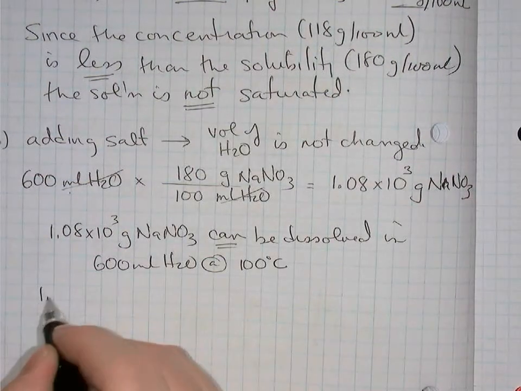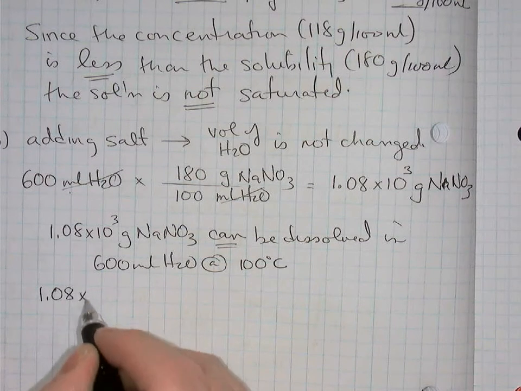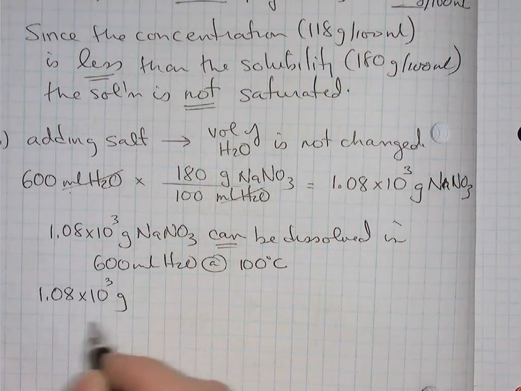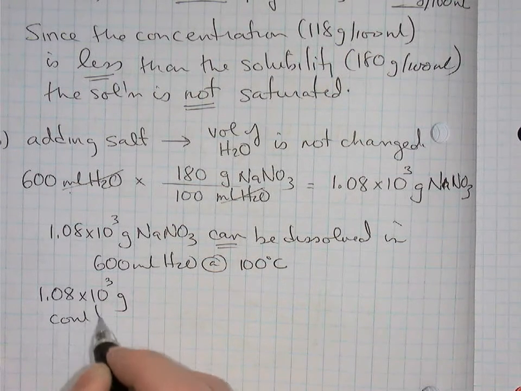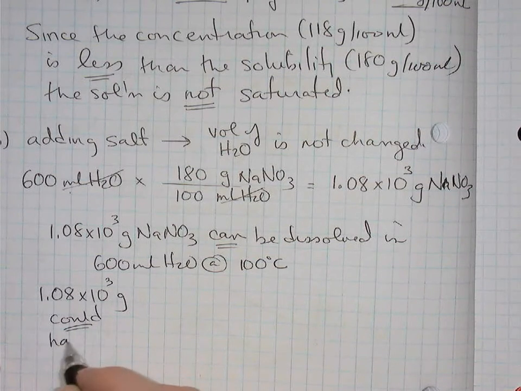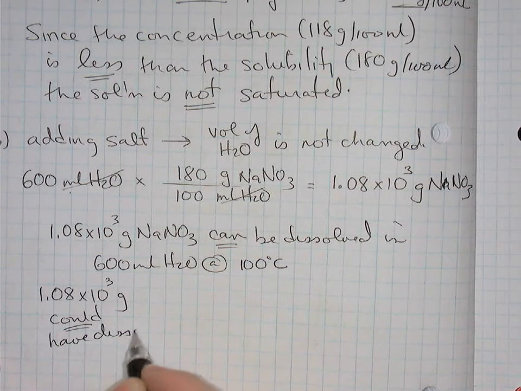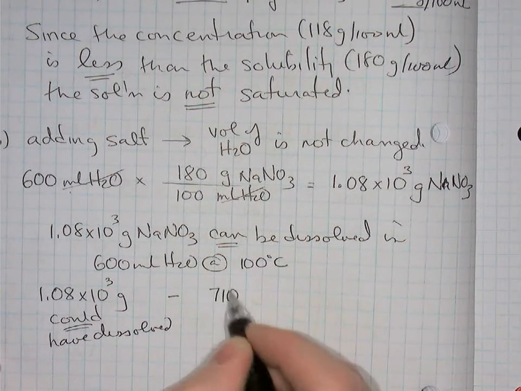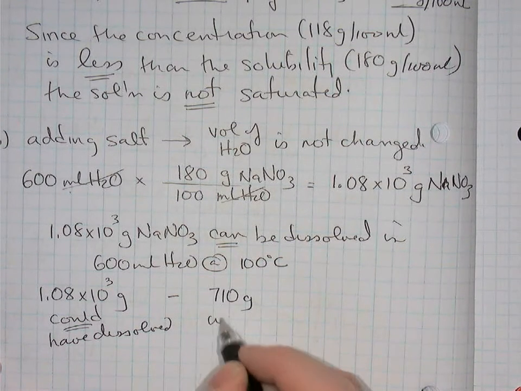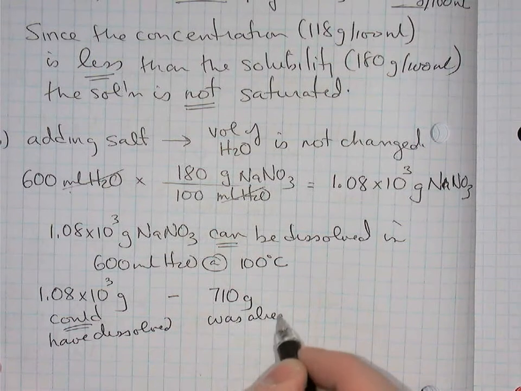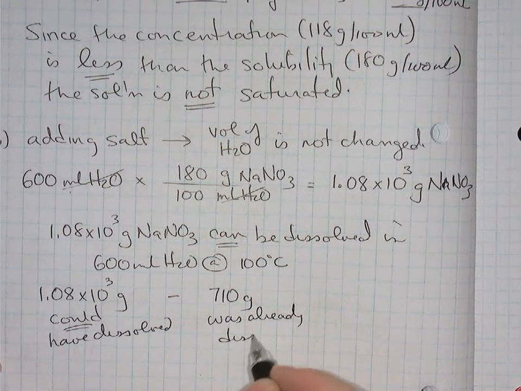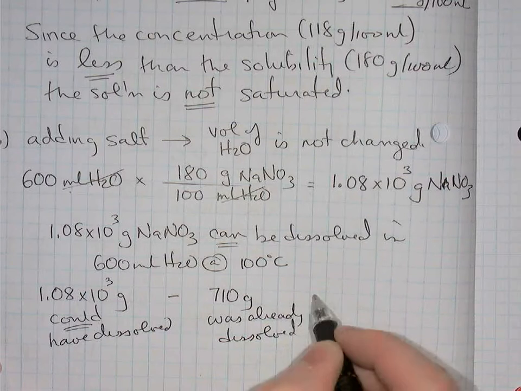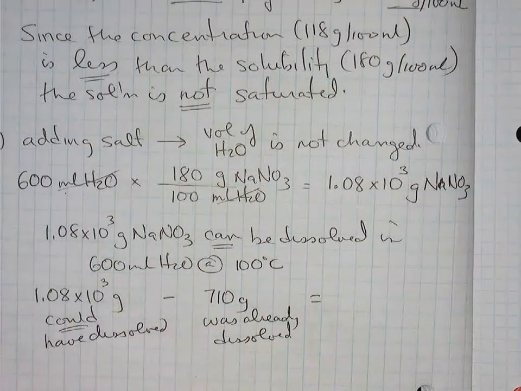So if we take what they could have dissolved, 1.08 times 10 to the 3 grams, and we subtract 710 grams, which was already dissolved, the difference is how much more we can dissolve.